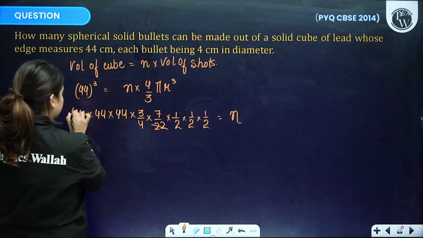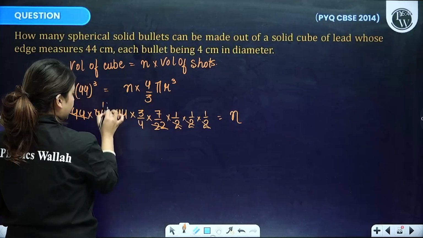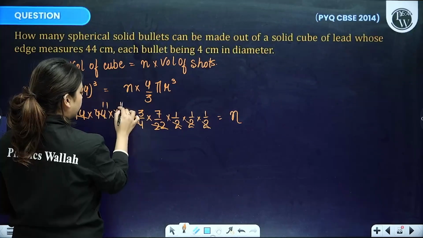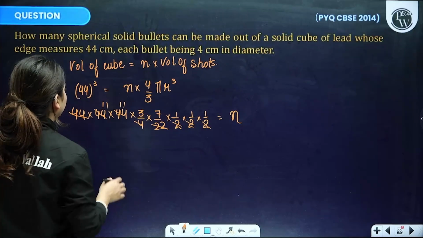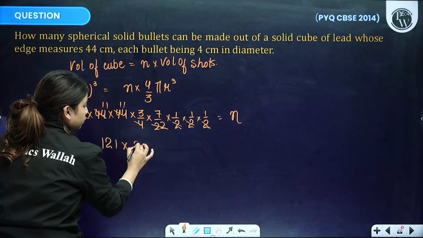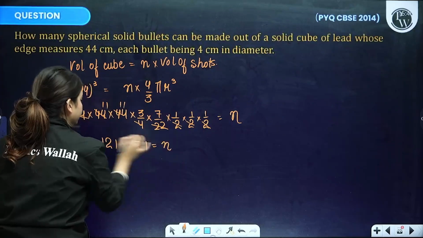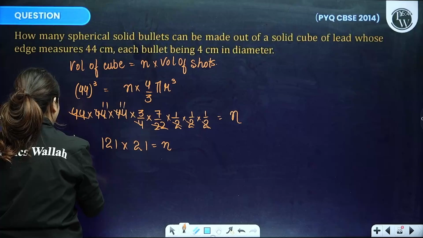So basically this will get cancelled out. 2 into 2 by 11 we have, 4 again by 11 we have, I guess we have it. So it will become 11 into 11, 121, 7 into 3, 21 is equals to n. So 121 into 21 people, 121, and then we have 242.